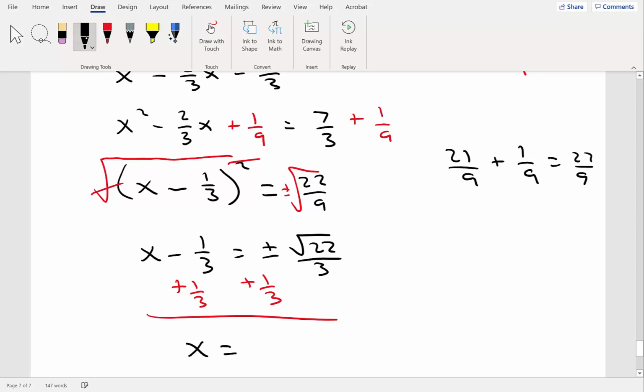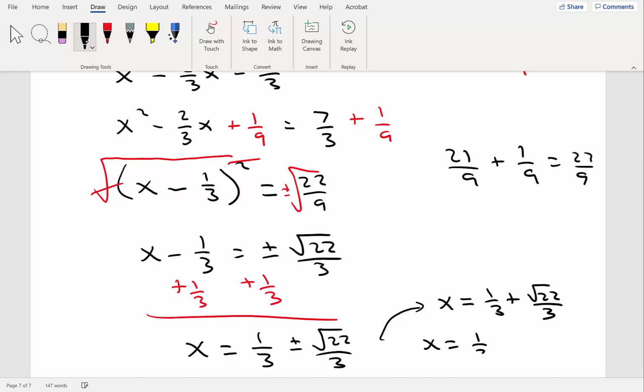So you have x is equal to 1/3 plus or minus the square root of 22 over 3. If I rewrite it as two separate answers, I get x equals 1/3 plus square root of 22 over 3, and x equals 1/3 minus the square root of 22 over 3. And now I have my two solutions.